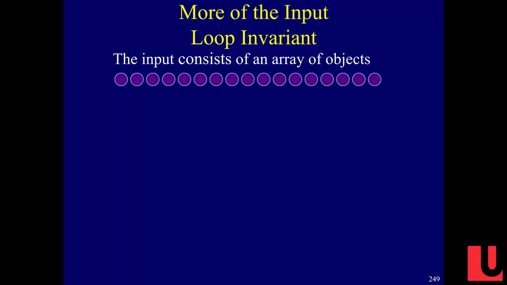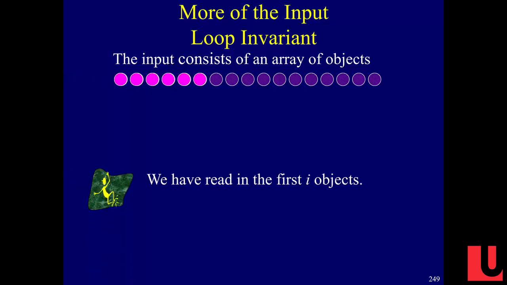And when you have to come up with your own loop invariant, you want to see, well, is it one of these obvious things? The first obvious thing we're going to do is say, well, the input is the list of objects, and the loop invariant will say, not an action, so we don't want to say I'm reading.